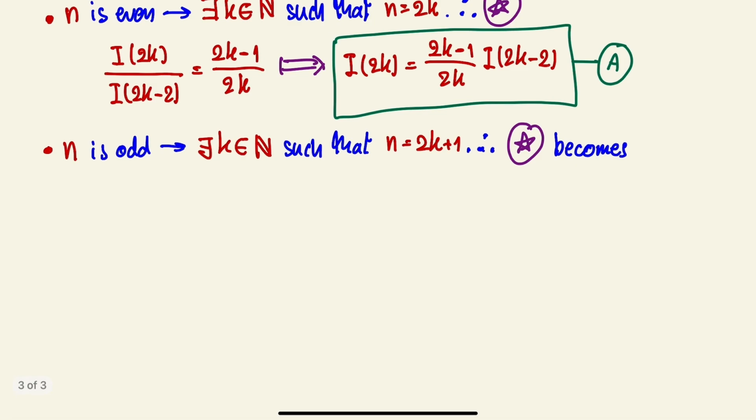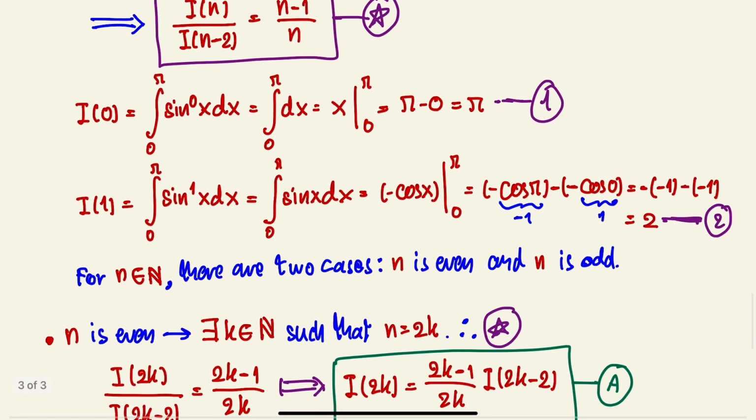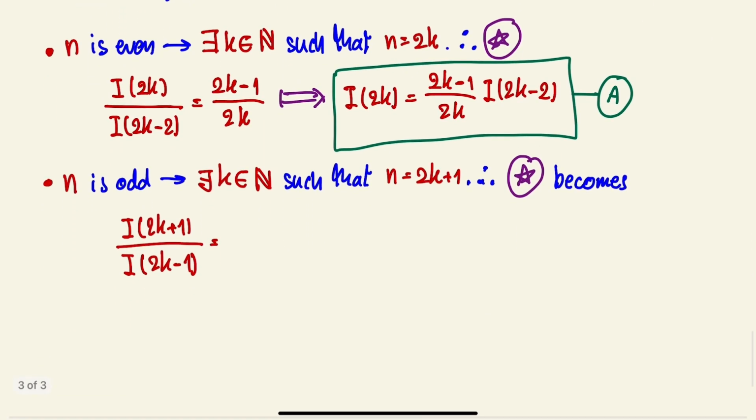We have I of 2k plus 1 over I of 2k minus 1 equal to 2k over 2k plus 1.